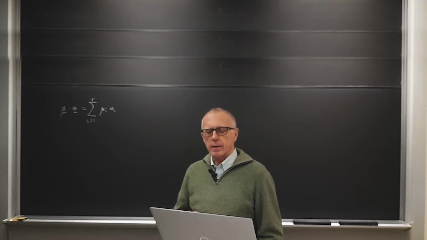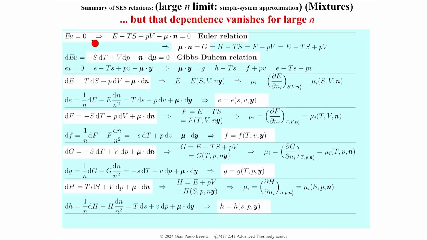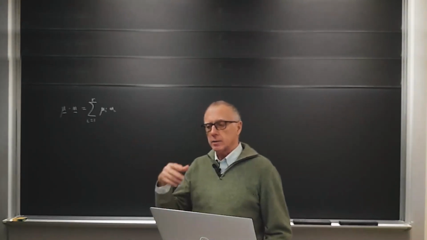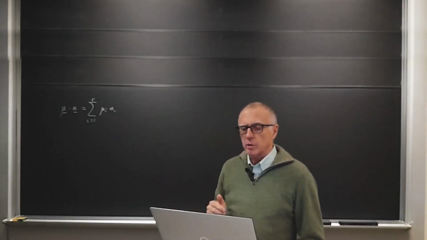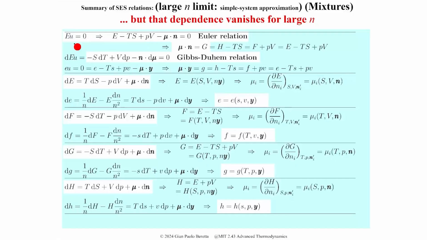And so in that case, since the Euler free energy is related, as we have seen, to that work and to that irreversibility of placing or removing partitions, in the limit of large number of particles, that goes to 0, and that gives rise to what is known as the Euler relation.